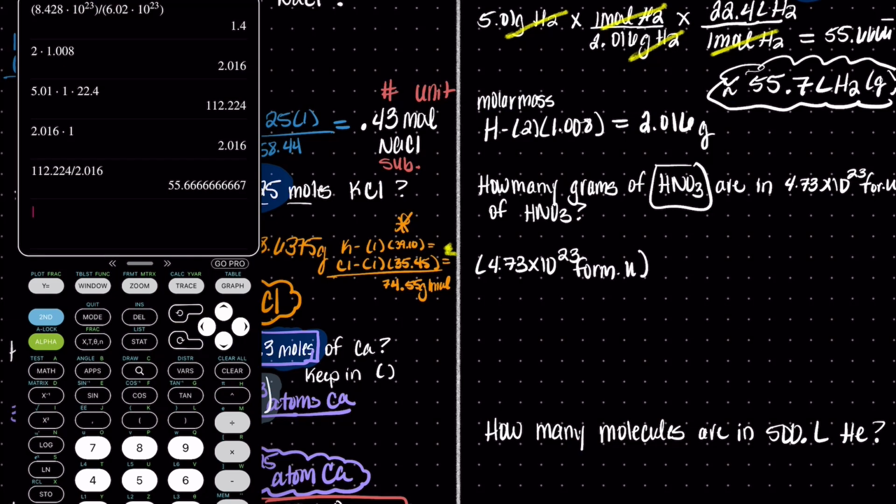And formula units of HNO3 times, for every 1 mole of HNO3, I have 6.02 times 10 to the 23rd formula units of HNO3.